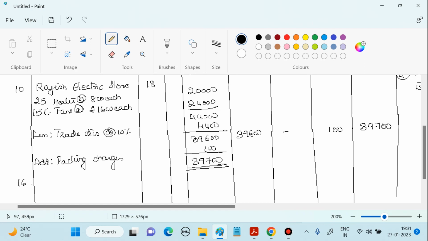Next is April 16th. Purchase goods from Supreme Electric Store, Delhi. So, Supreme Electric Store, Delhi. Invoice number 125.